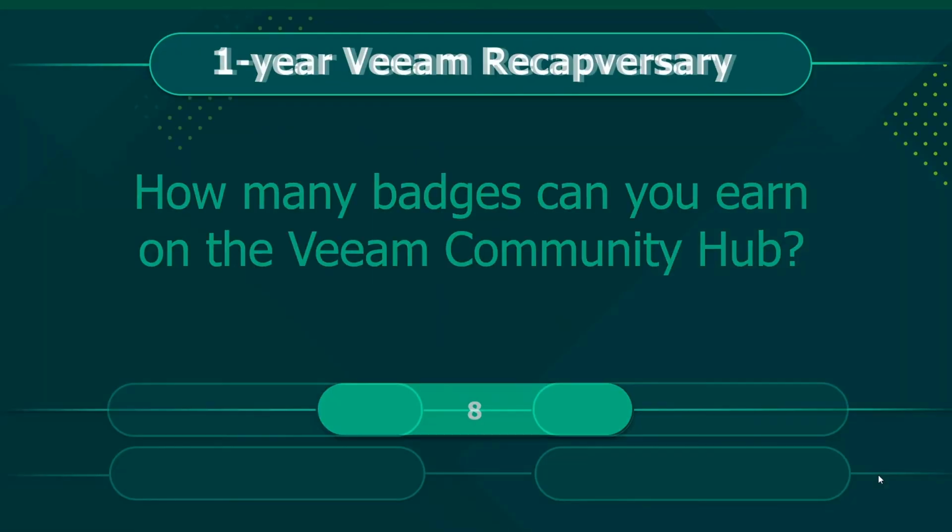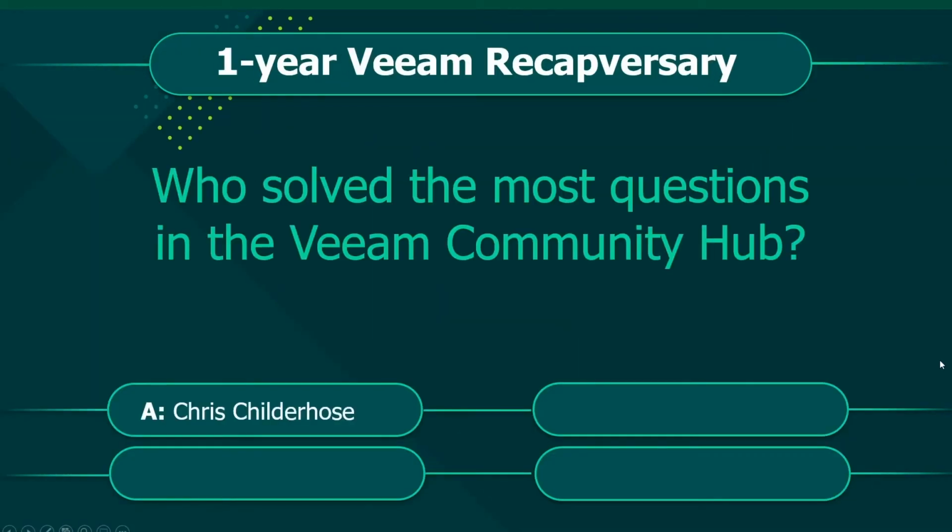Over to you, Wolfgang. So next question. Who solved the most questions in the Community Hub? Was it A, quiz, B, Joe, C, Milder, or D, Coolsport 00? Are you ready? Milder. Oh, we both got it wrong.